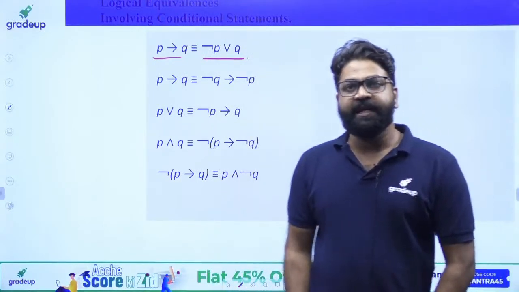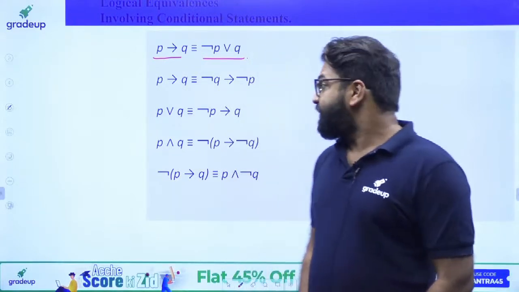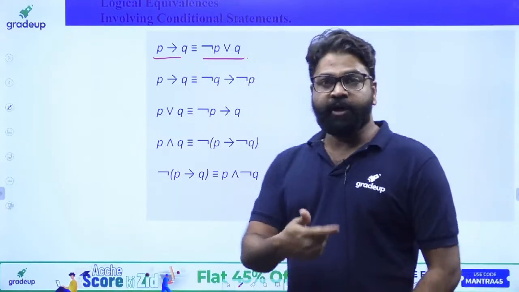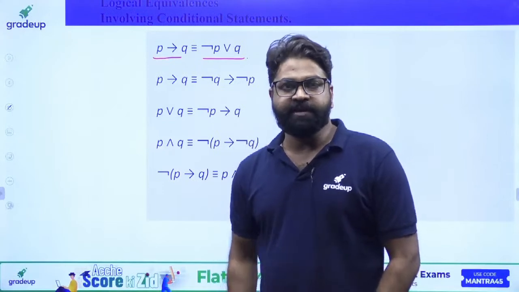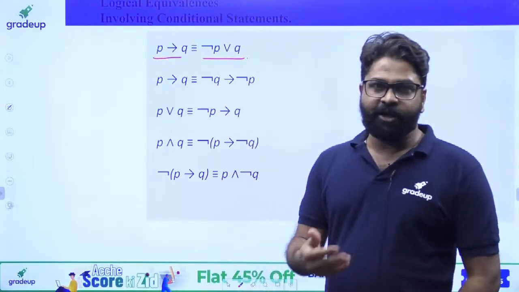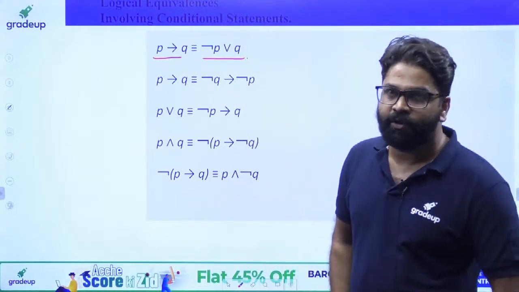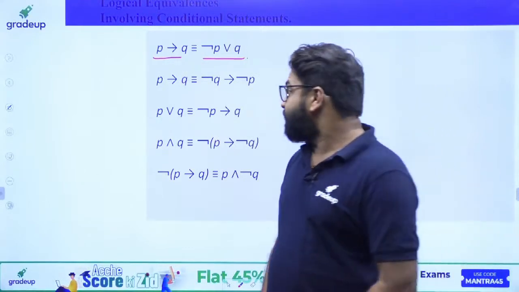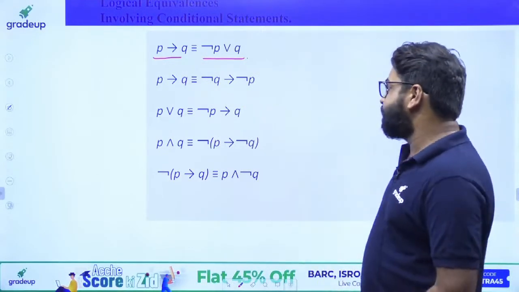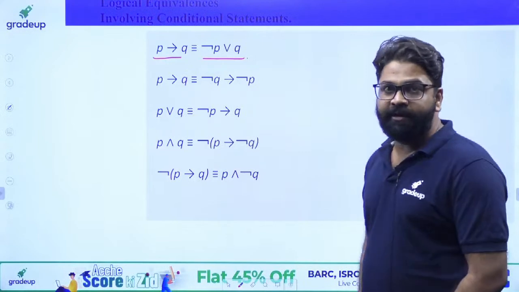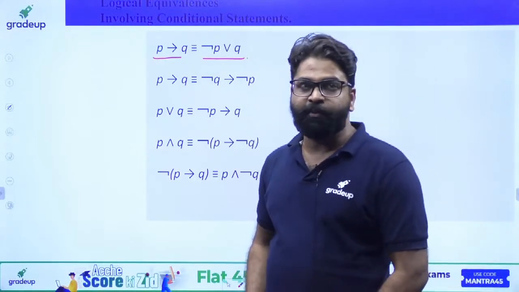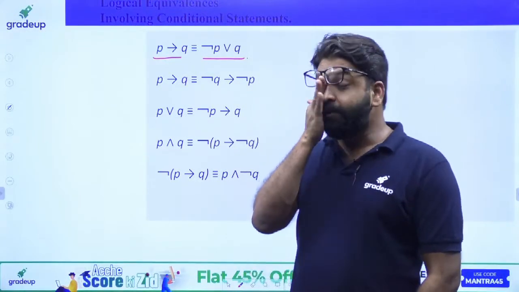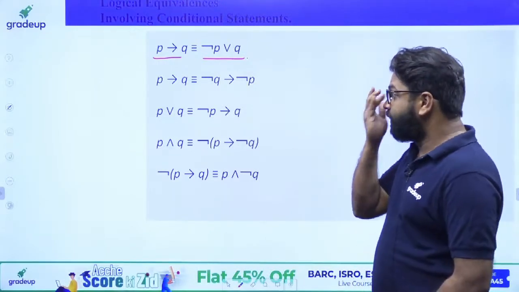First, either you can draw the truth table. The truth table is the best way, but it will take a lot of time. In the GATE examination you cannot substitute the values into the truth table, as that will take a lot of time. So I can explain that with the help of some other example.